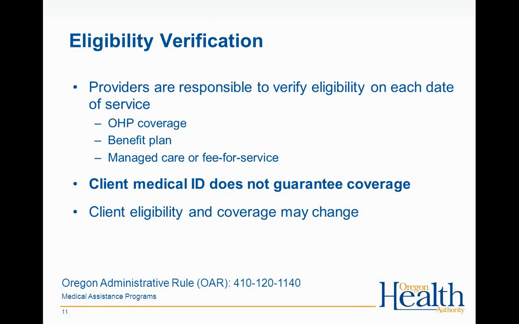So we'll talk more about that as well. Again, those are the things that you're looking for on the eligibility file when you do open it up. Know that the client ID does not guarantee coverage. Really, the only information on a client ID is their ID number and the date that that card was given, or the date that card was printed. It's not an eligibility date, so please do know that.